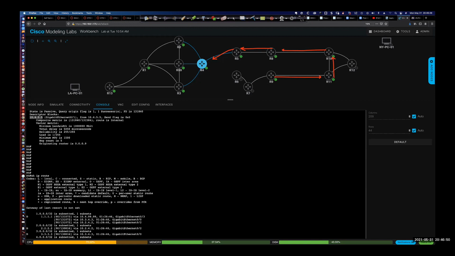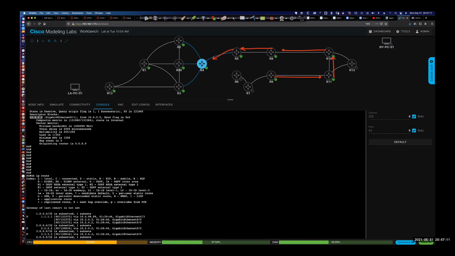So OSPF just looks at the different outgoing interfaces and looks at the bandwidth on the path to get to the destination, and it uses this equation: 10 to the 8 divided by the bandwidth in bits per second, right? With EIGRP, it's a little bit more complicated.